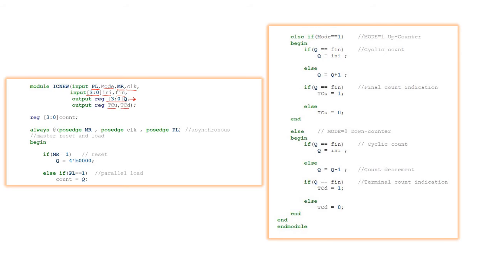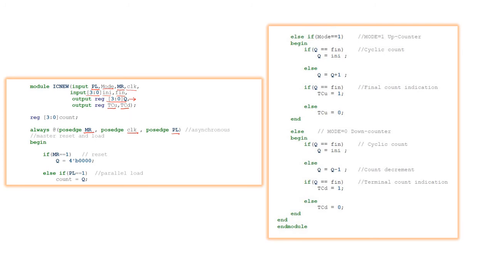We describe our model in a cyclic behavior, which is sensitive to master reset, clock, and parallel load. The presence of master reset and parallel load in the sensitivity list indicates that the IC has asynchronous master reset and asynchronous parallel load.